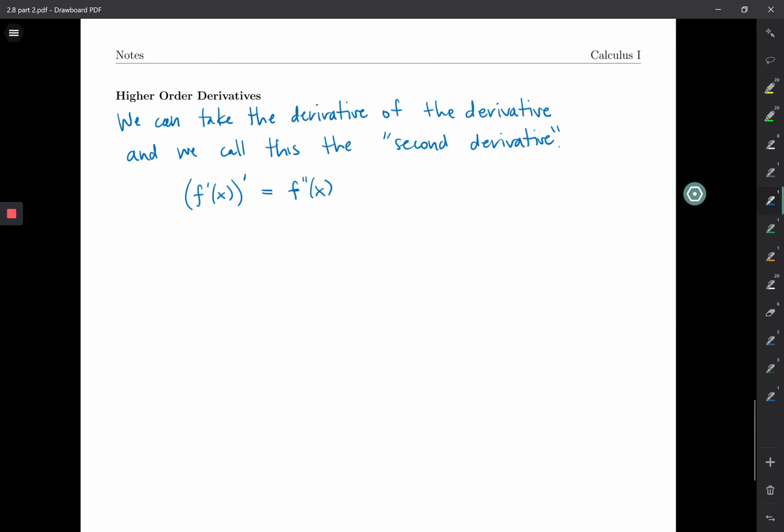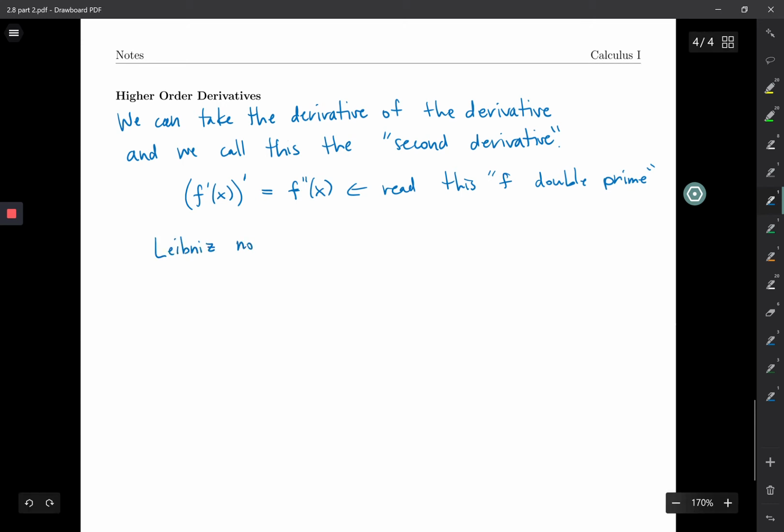And so we read this f double prime. So for the regular derivative, we read it f prime. In this case, we call this f double prime.